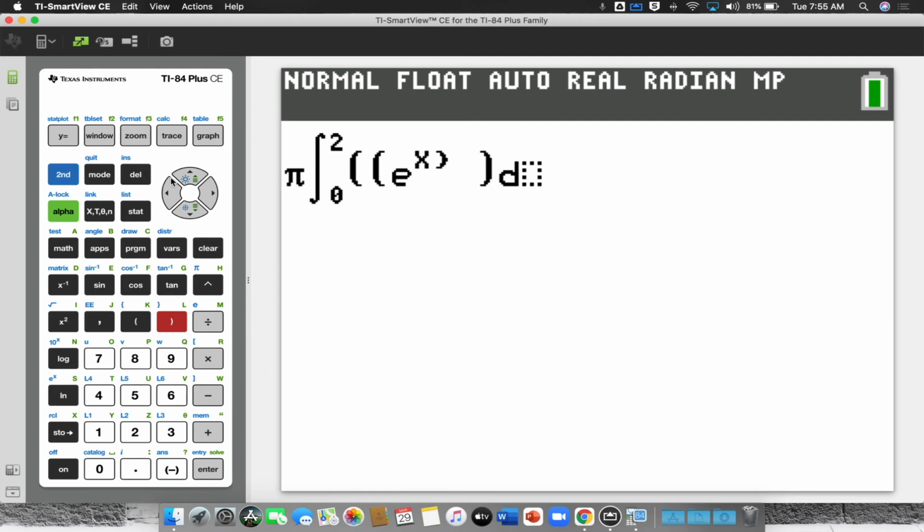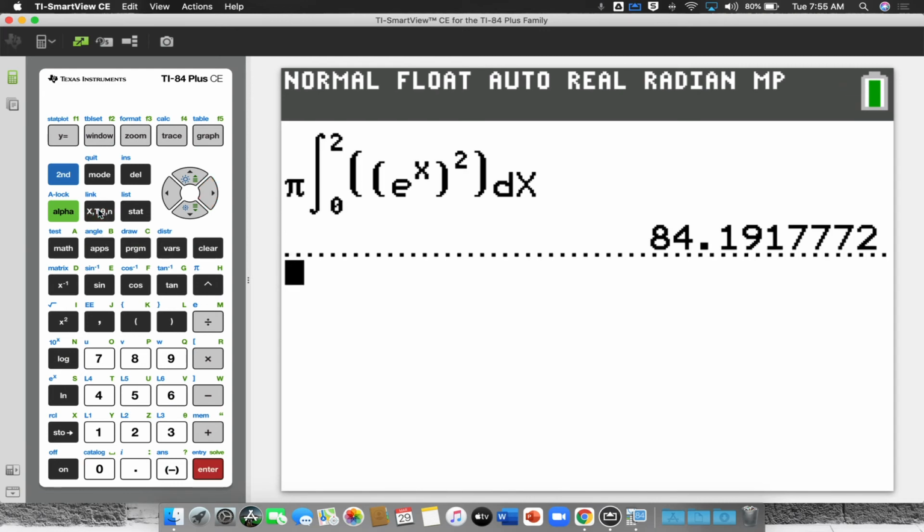Close, oops, no. Delete. There we go. Close parentheses and then square it. So it's really e to the 2x. That's really what it is. Close it. Enter. There you go.